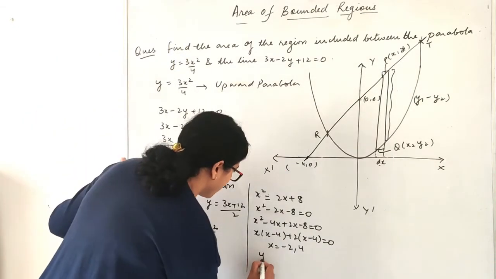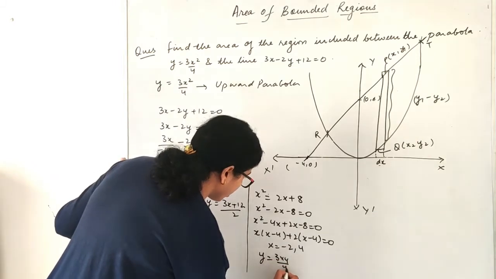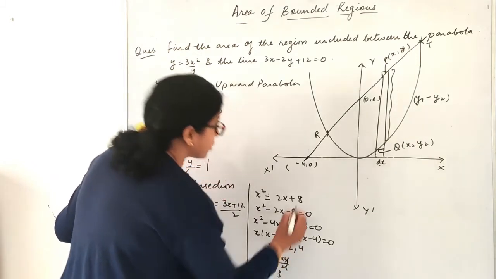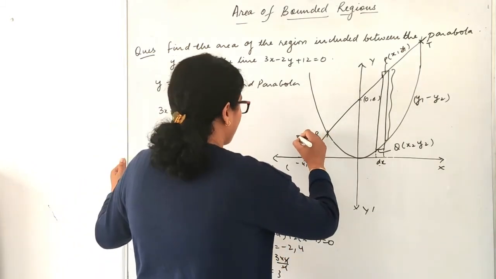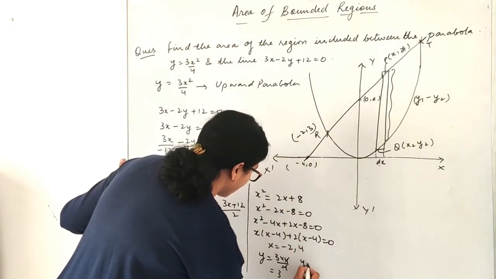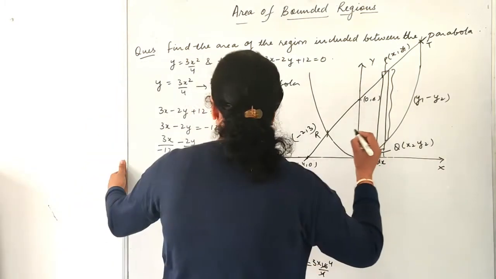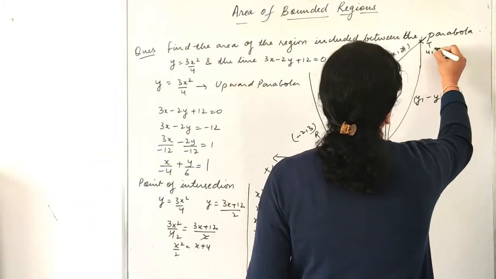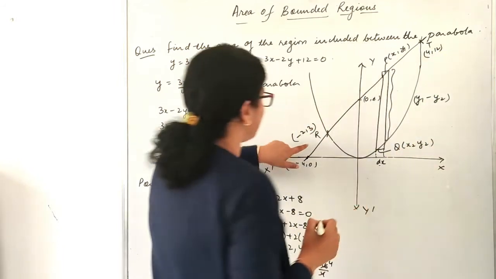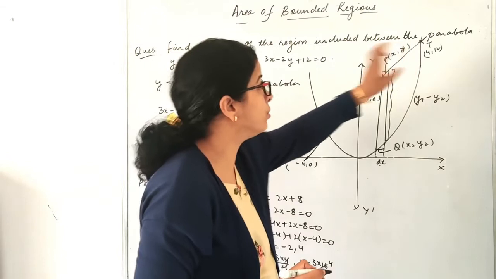So y will be, when x is equal to -2, it will become 3 into 4 upon 4 means 3. So it means my r coordinate is -2, 3, right? X is equal to 4, so y will become 3 into 16 by 4 means 12. So the next coordinate here is 4, 12. So it means my strip will move from -2 to 4.